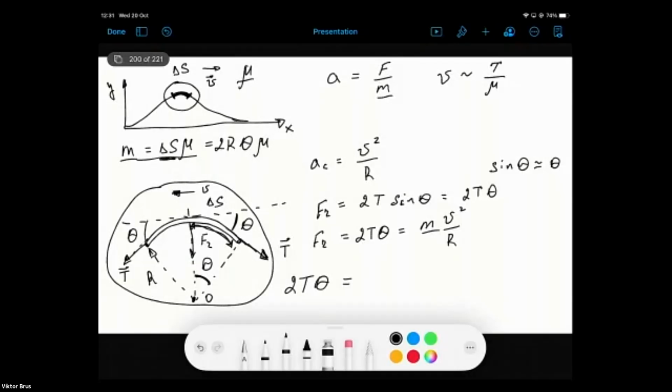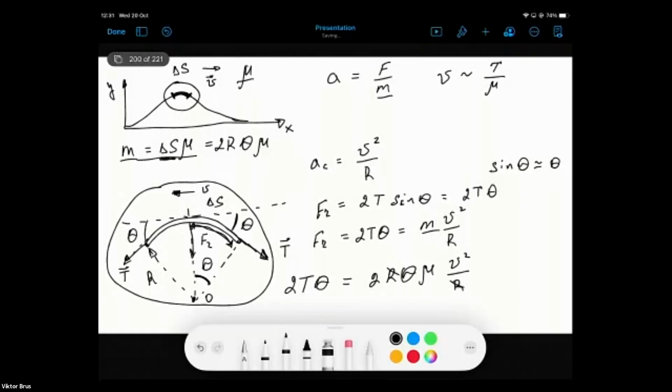So we need 2 theta. So it will be then 2 times r times theta times mu times v squared and divide by r.